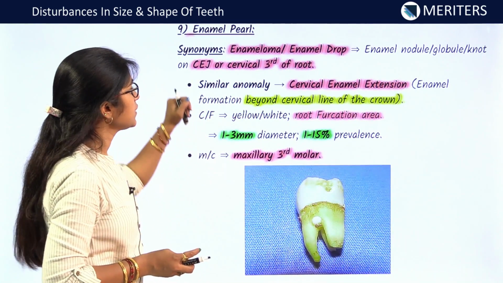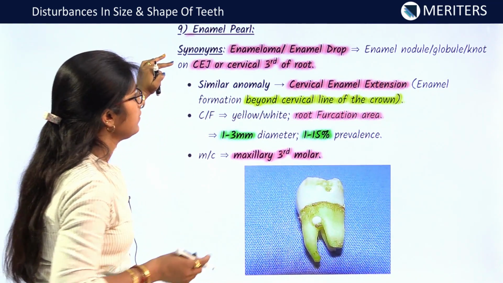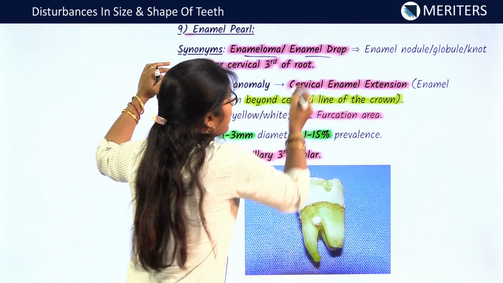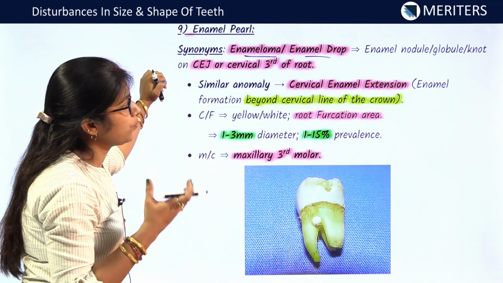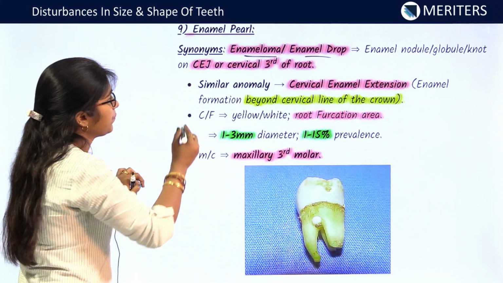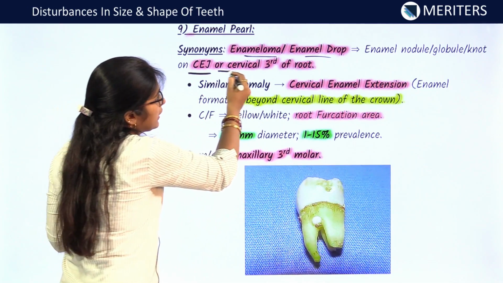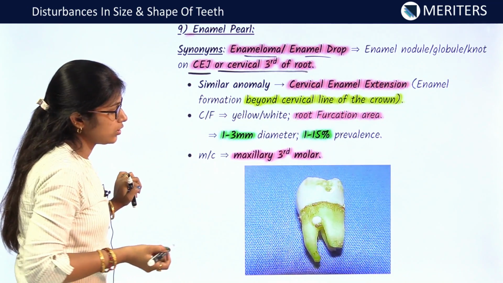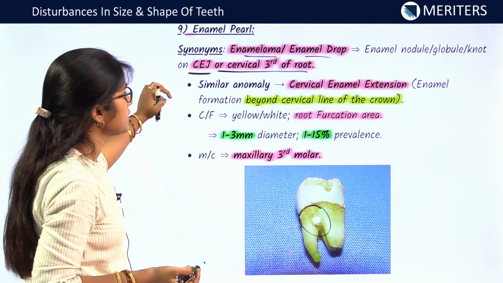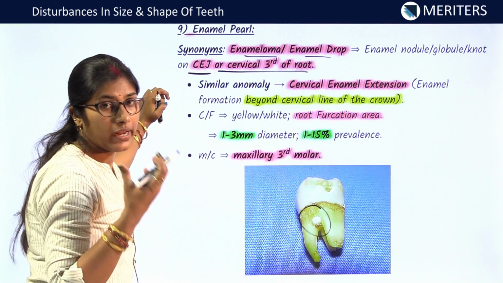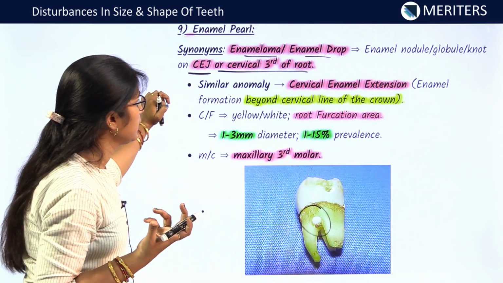Enamel pearl. Now see, enamel pearl synonyms are enameloma or enamel drop. What happens in this? Enamel nodule, globule or knot that will be present on CEJ or cervical third of root. Okay, on the cervical third of root you can see an enamel nodule, globule, anything can be present.